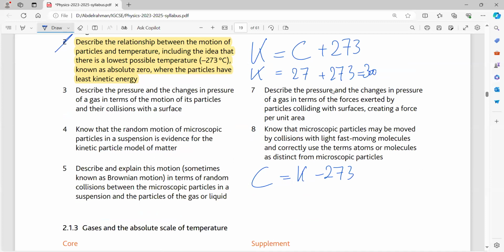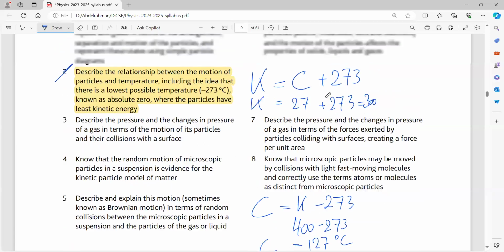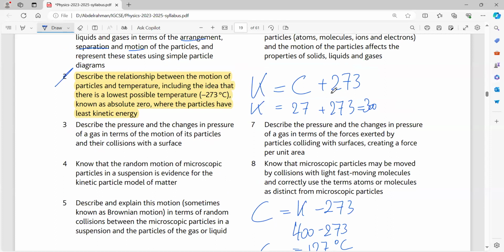For example, if the temperature of some liquid was 400 degrees Kelvin, 400 minus 273 gives a total temperature of 127 degrees Celsius. You can just flip the equation. Any questions?